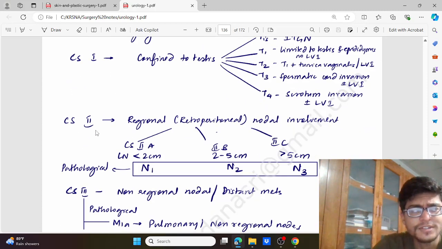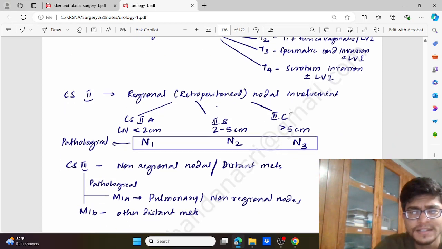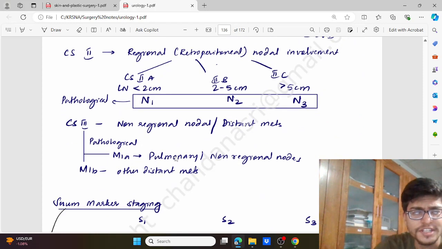Now CS2, that is clinical stage 2, is regional retroperitoneal nodal involvement. So it is A, B and C, where A is lymph node less than 2 centimeter and it is N1 in pathological staging. 2B is 2 to 5 centimeter and it is N2 in pathological staging, and 2C is more than 5 centimeter and N3 in pathological staging.